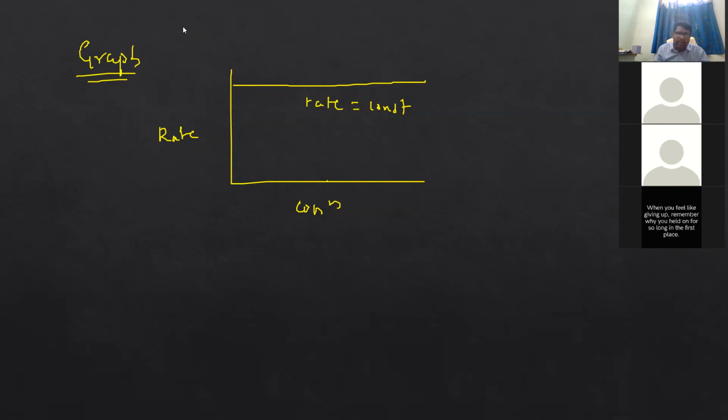Next, if the graph is drawn between concentration versus time, the slope will be like this. That indicates the concentration of the reactant decreases linearly with time.